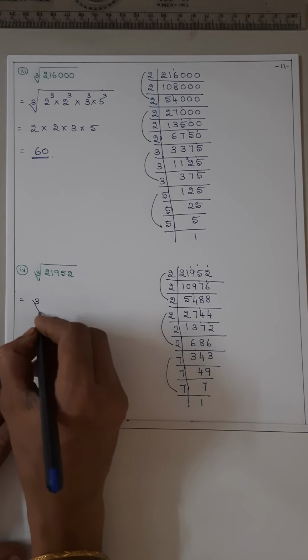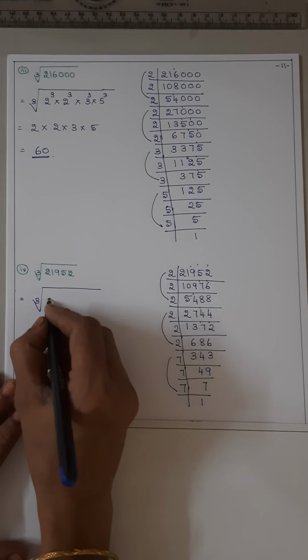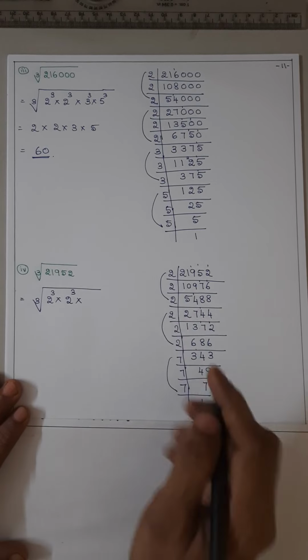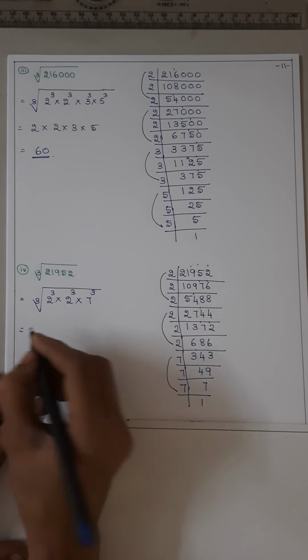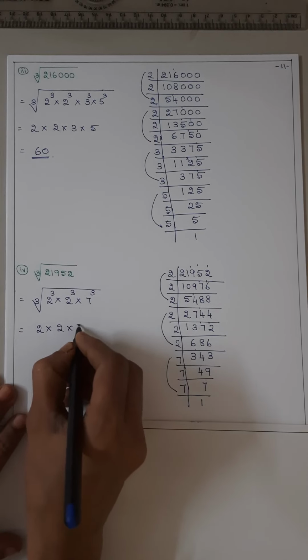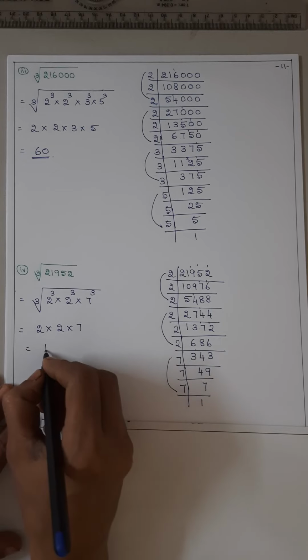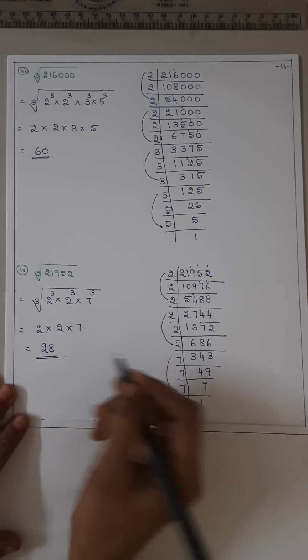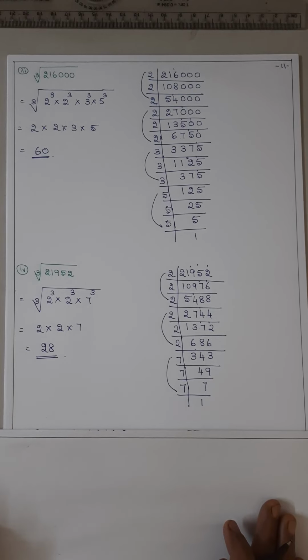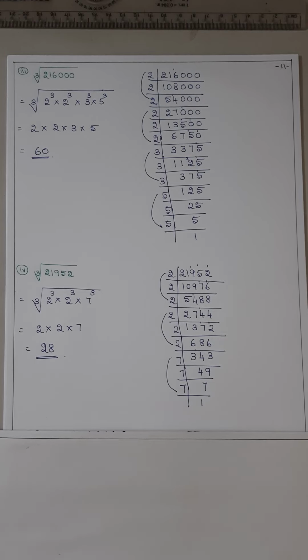Now cube root of 2 cube into 2 cube into 7 cube. 2 into 2 into 7. 2 2s are 4, 4 7s are 28. Is it clear? So the first question of worksheet 2, we have finished. Hope everyone understood. Okay then, bye. Thank you.